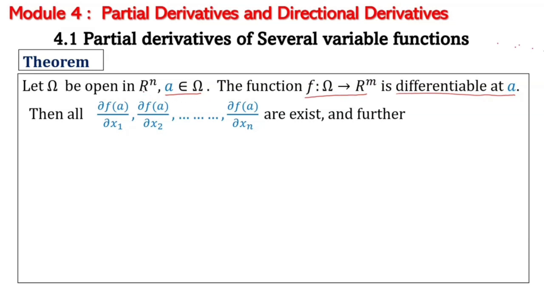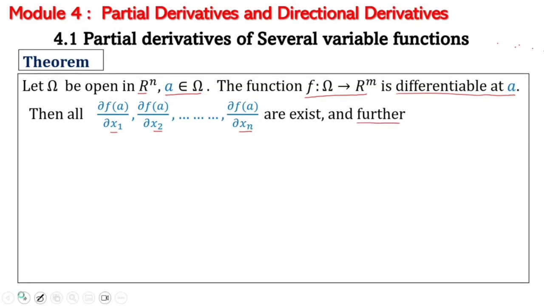Means you have here, as it is from Rn, we have n variables. So f has n variables, x1, x2, and xn, we are denoting those variables. So therefore, the function f is partially differentiable with respect to each variable at the point a.